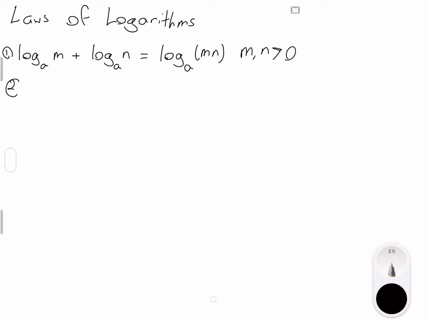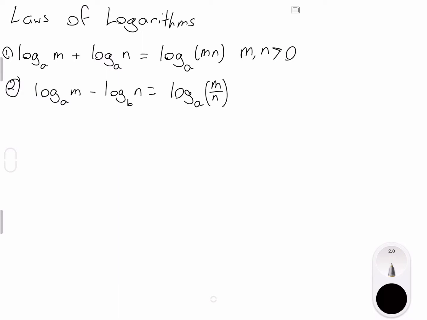Let's go to rule 2, or law 2. And it's just the opposite. So log in base A of m take log base A of n is just log in base A of m over n.